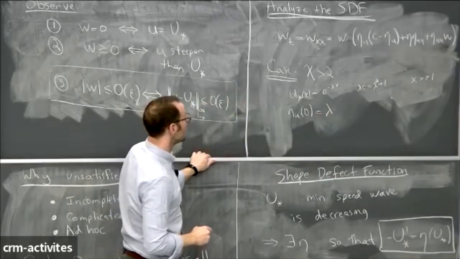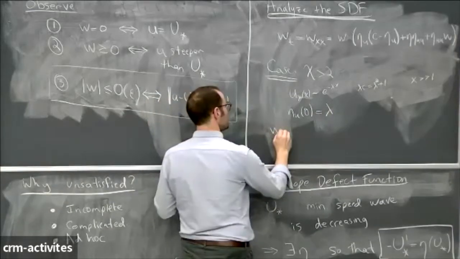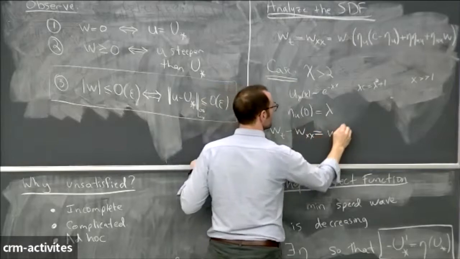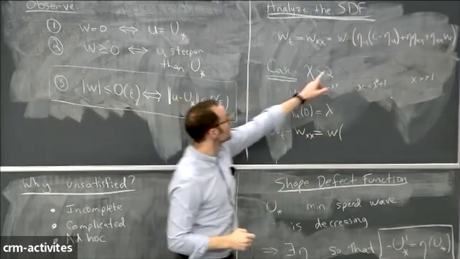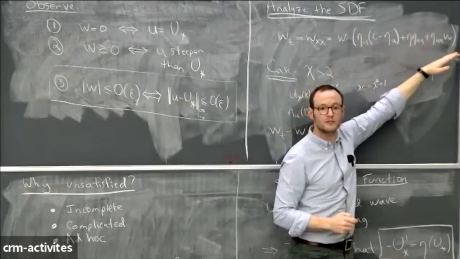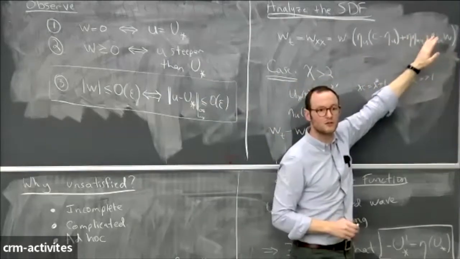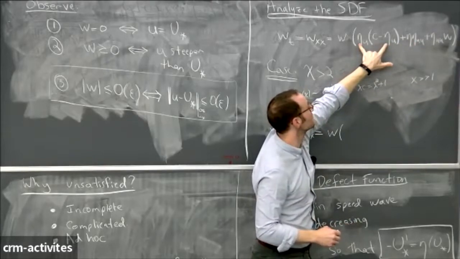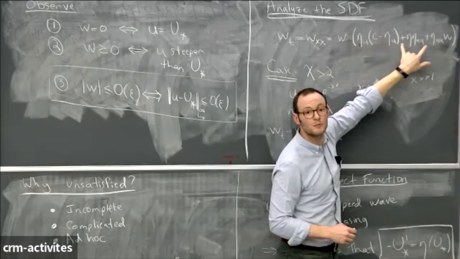And now what this tells me is that WT minus WXX equals, okay, what is this crazy thing on the right? Well, I'm going to do something a bit silly, and I'm just going to ignore a bunch of terms, but I promise you that those terms aren't a problem. What we care about is what all these terms look like when u is small.